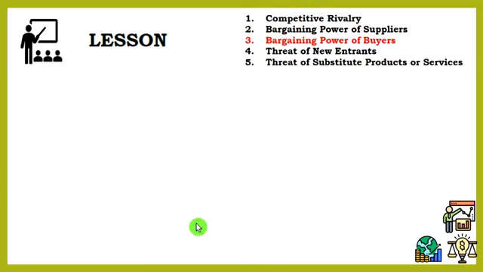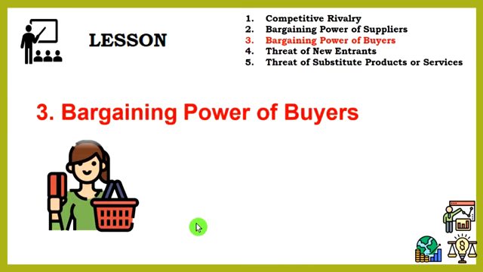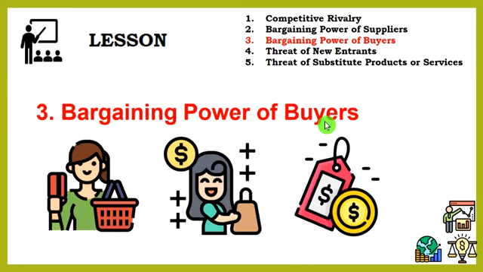Now, let's proceed to the number 3 or third force, bargaining power of buyers. This force looks at the power of the consumer to affect pricing and quality.